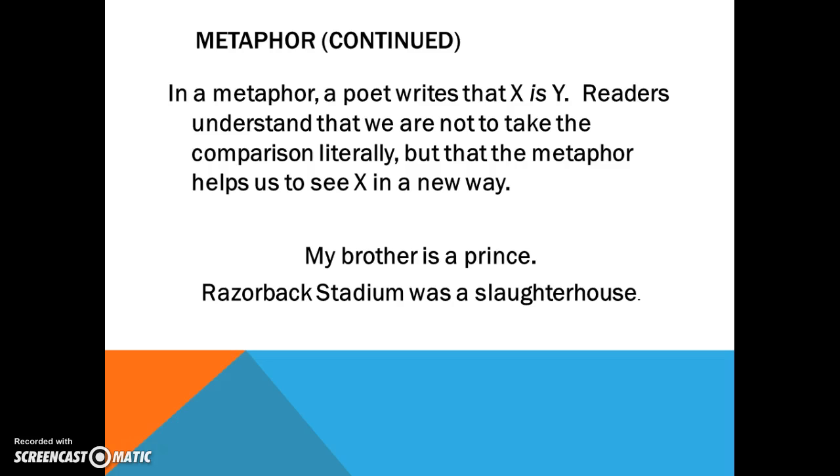So if we say, my brother's a prince, for example, what kind of qualities of a prince might I be trying to put onto my brother, who's not a prince, in a literal sense? Maybe he's spoiled, maybe he's bossy, maybe he is very handsome. All those things maybe are things we associate with princes.